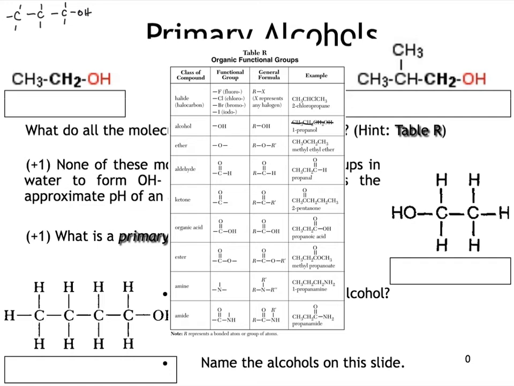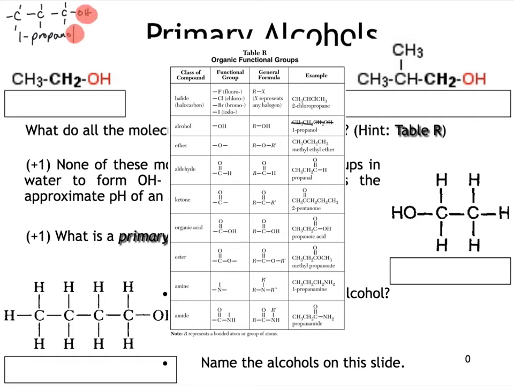Now, I am leaving the hydrogens off of some of these stick bonds, but that's okay because the reader will know that you mean hydrogen if you leave this blank. So they're calling this guy a 1-propanol. The suffix "ol" is coming from the attachment, which is the OH attachment. So I'll do some highlighting there.